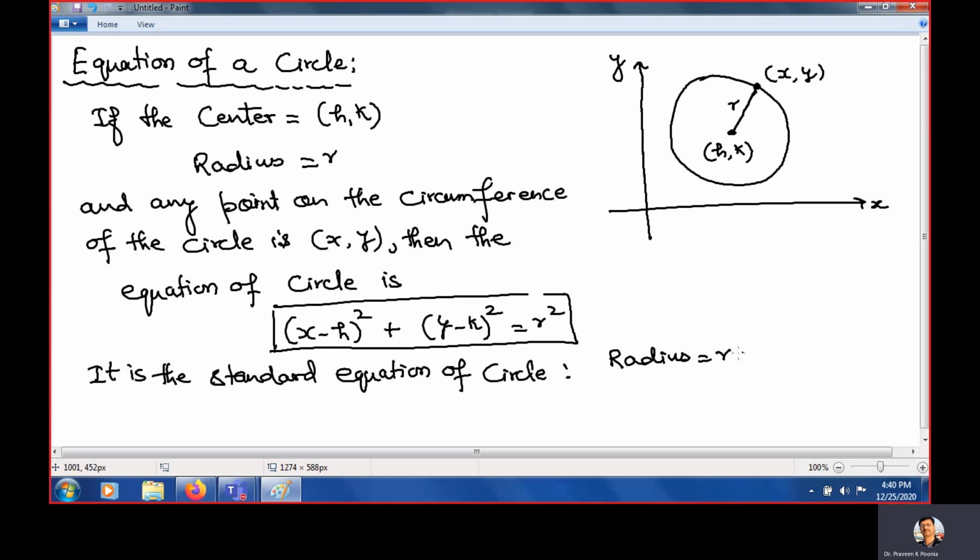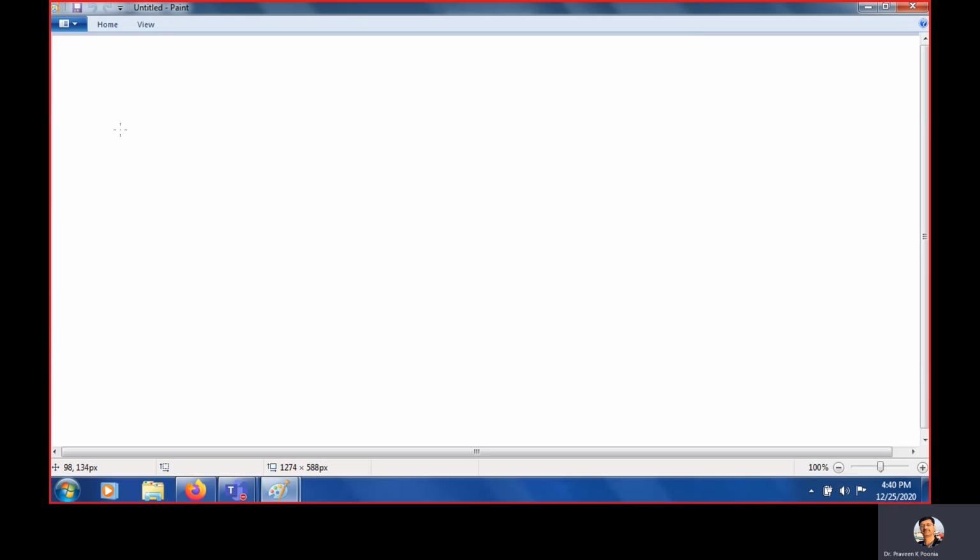If it is r power 2, the radius is r. And what is the center? The center is h comma k. Please remember, here it is x minus h, so h is the coordinate. If y minus k, then k is the coordinate. Clear? So there are three types of questions in this.